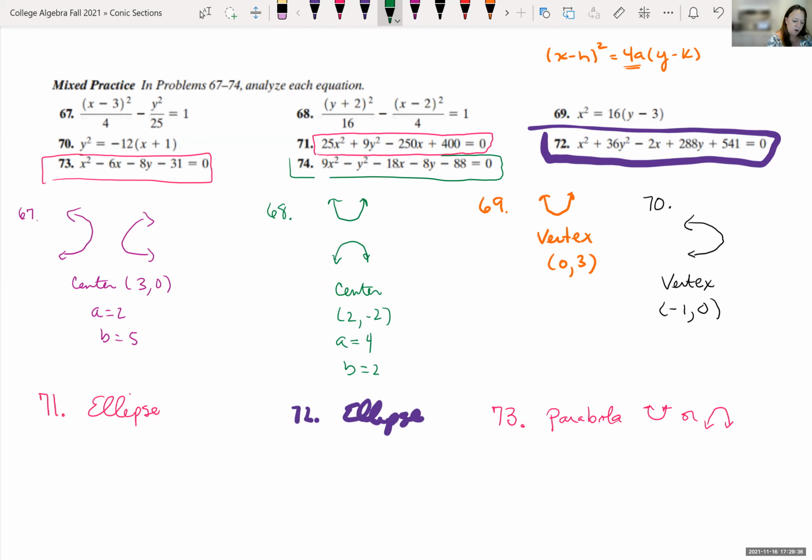For 74, here we have 9x squared minus y squared minus 18x minus 8y minus 88 equals 0. So it has an x squared and a y squared term, not a parabola. The coefficient in front of the x squared is 9, and the coefficient in front of the y squared is -1. If they're opposite signs, one positive and one negative, then that tells me it is a hyperbola.